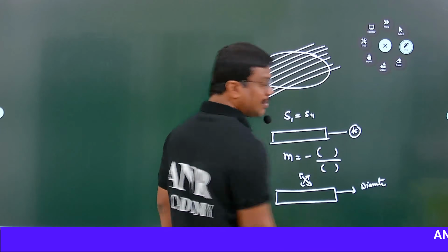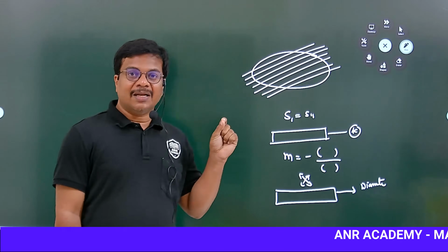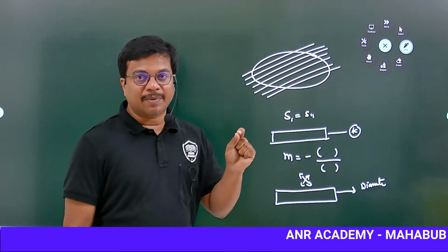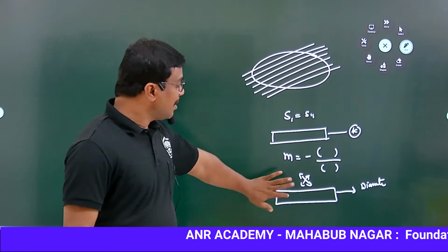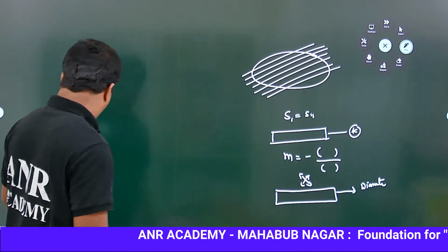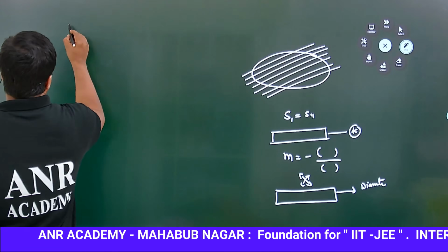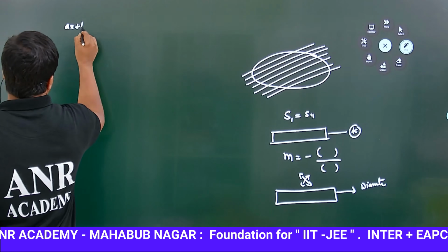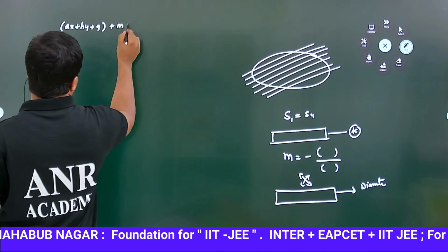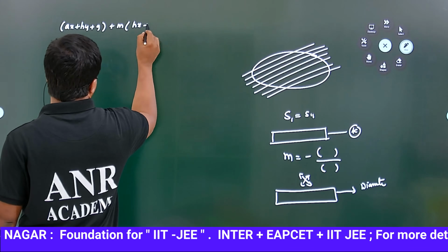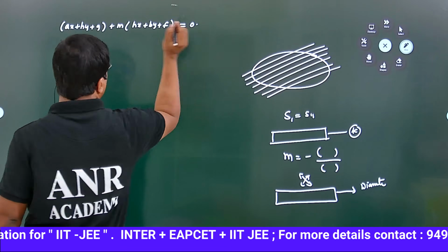Why? Because alpha comma beta indicates the middle point. When you write x comma y in place of alpha comma beta, that indicates the path of middle points, nothing but that is diameter, remember. And just now you got the equation of diameter, this one, that is ax plus hy plus g plus m of hx plus by plus f equal to 0, right?